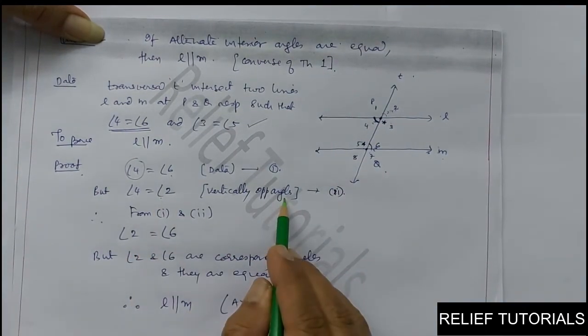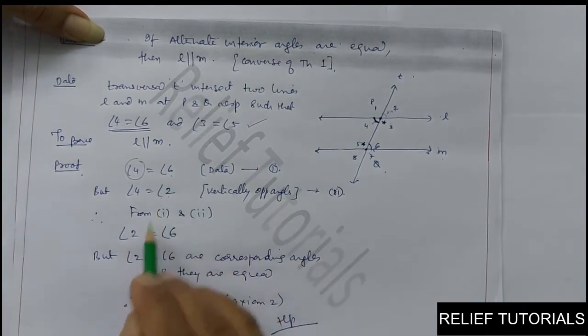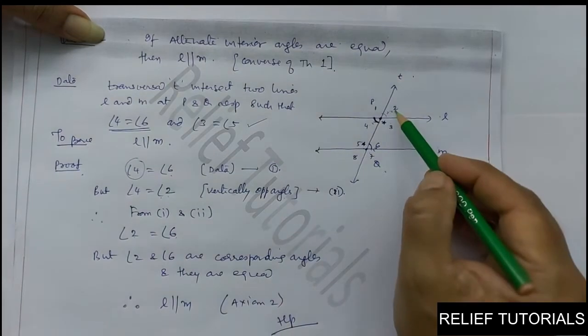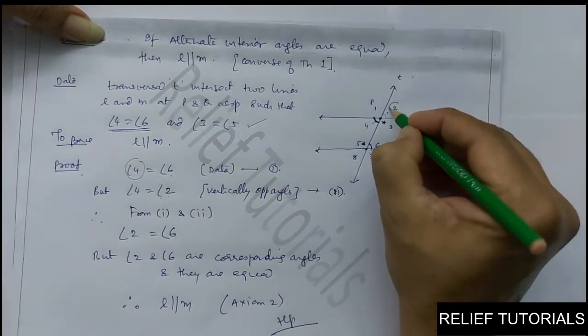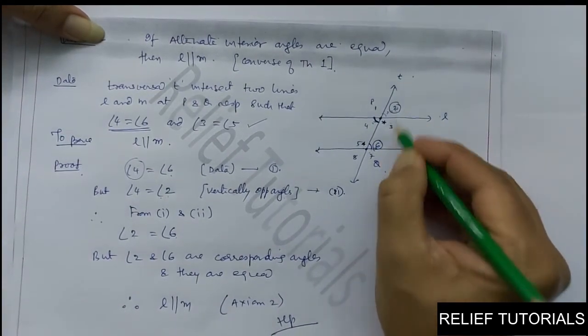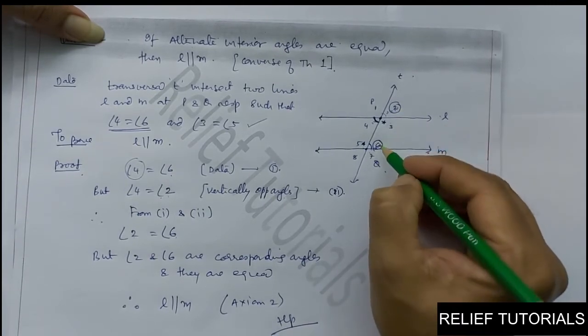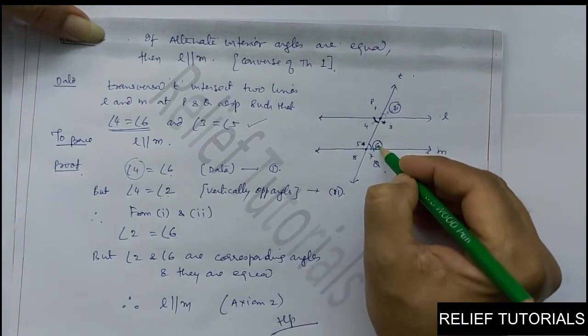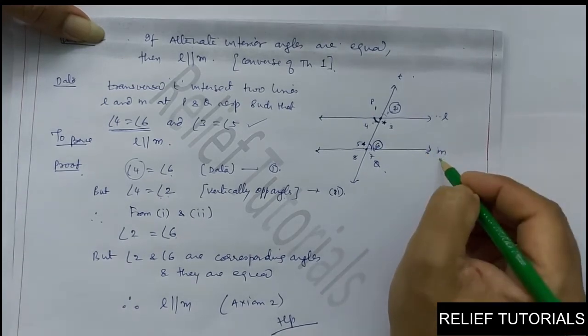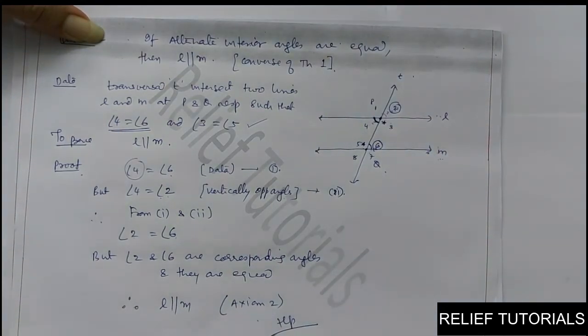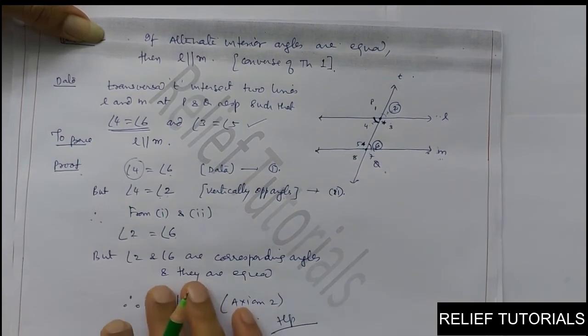Why? Because vertically opposite angles. From both of these we get 2 equal to 6. Angle 2 and angle 6, they are equal, but they are corresponding angles. So according to axiom 2, we can say lines are parallel. Hence, proved. Clear?